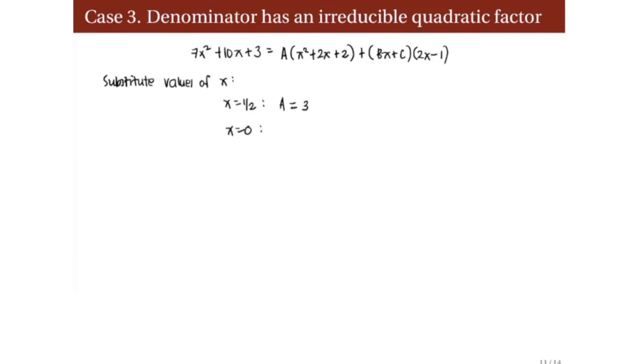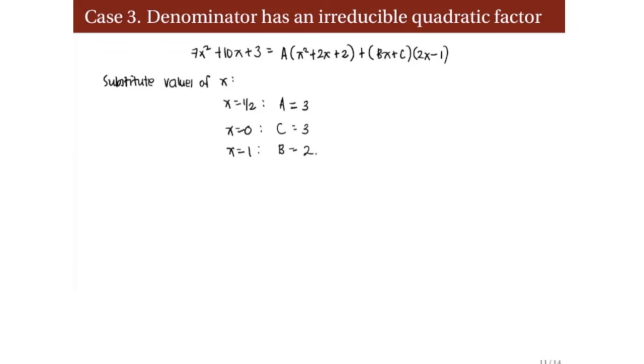Pero yung maganda sa kanya is, kapag nag-set ka ng x equals 0, alam mo na kasi yung a, pero mag-vanish for this case yung b. Kasi may coefficient siya, meron siyang kasama na x. Pero hindi mag-vanish yung 2x minus 1, so matitira yung c for this case. So, again, iwan ko na lang sa inyo. If you compute for c, you get here c equals 3 when x is 0. And when x is equal now to 1, computing for b, b here is equal now to 2.